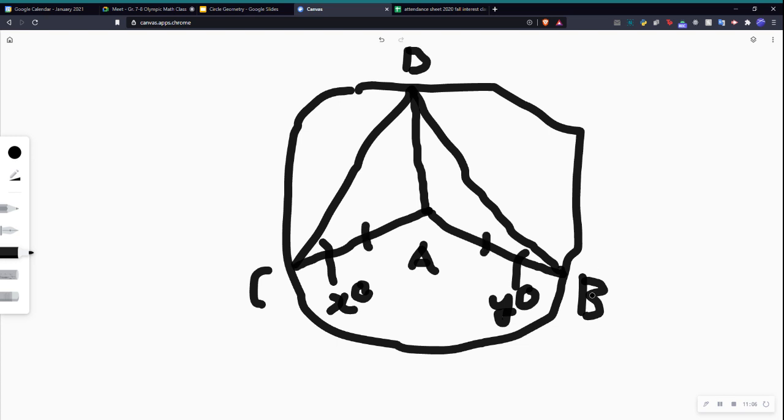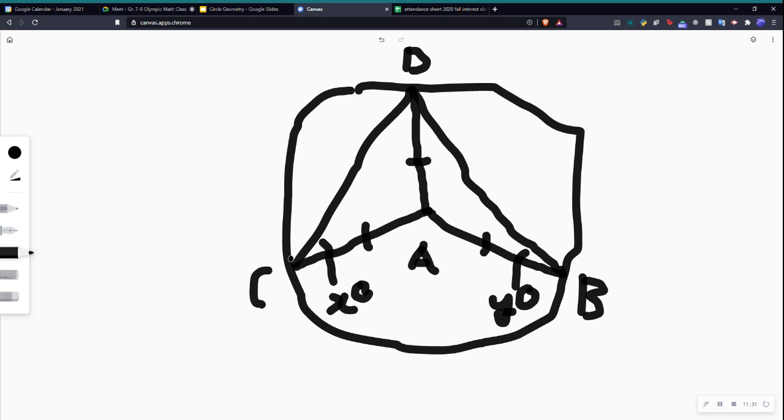Notice that from B to A, and from C to A, and from D to A, they are all the radius of the circle, because you're connecting a point from the circumference to the center of the circle, which means that these are all equidistant. So these are all the same length. And what this means is that we have some isosceles triangles.